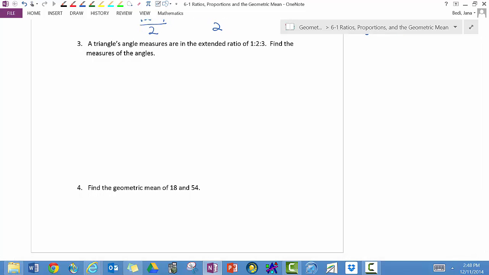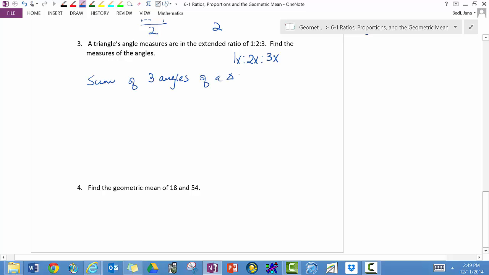Okay, next problem. A triangle's angle measures are the extended ratio of 1 to 2 to 3. So the first thing I'm going to do is write it, since I know this is in reduced form, as 1x to 2x to 3x. Find the measure of the angles. Okay, I know that the sum of the 3 angles of a triangle equals 180 degrees.